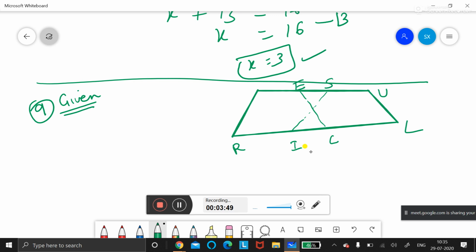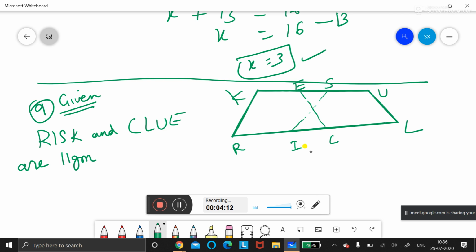In the above figure, both RISK and CLUE are parallelograms.